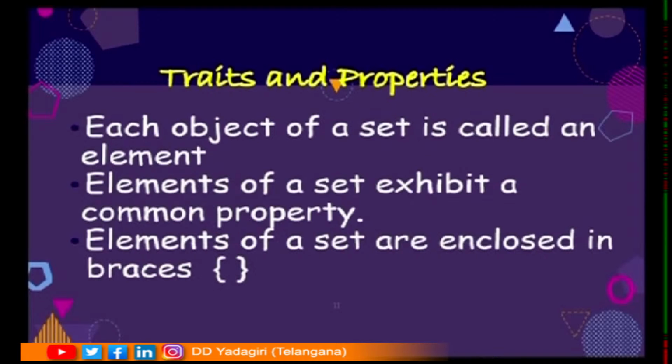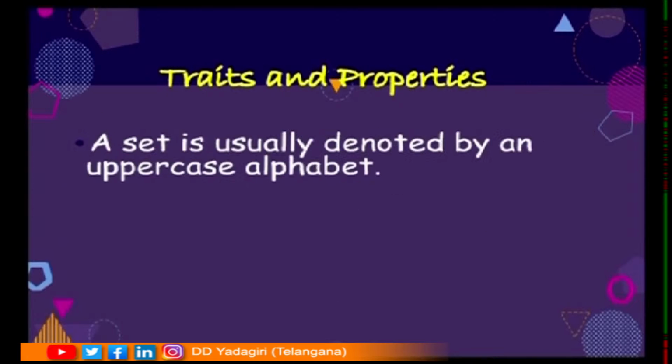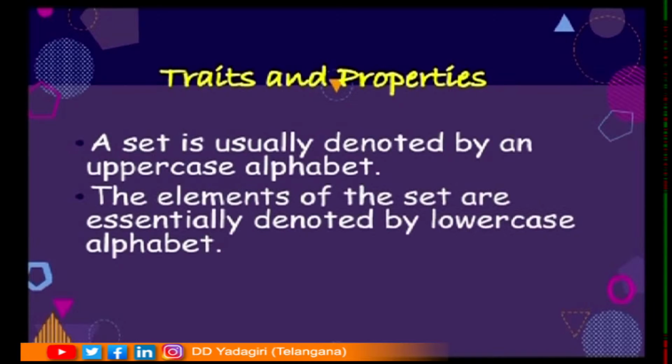Whenever we are denoting the elements, we have to put them in braces. A set is usually denoted by an uppercase alphabet. The elements of the set are essentially denoted by lowercase alphabets. That means, if a set consists of English alphabet, they are essentially written as lowercase alphabets.